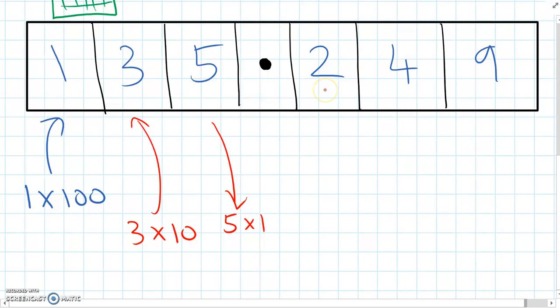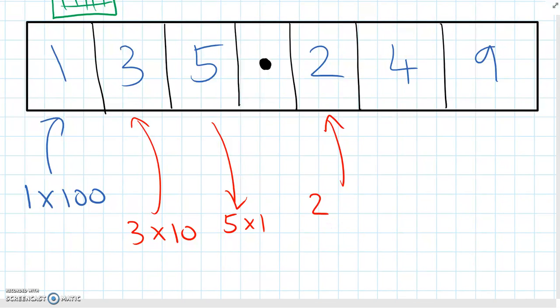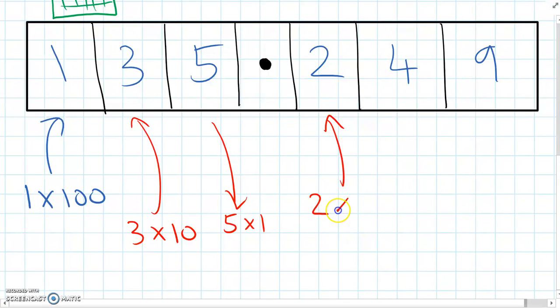In the decimals, we have 2 tenths, and tenths means divide by 10. It means 2 lots of 1/10. So the tenth place value we can write as a fraction, as 1/10.